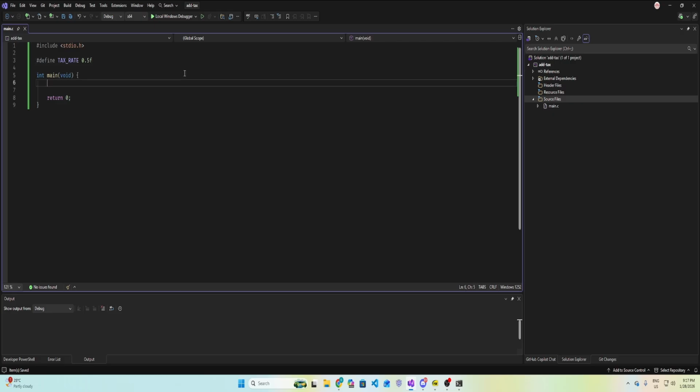Then we put in float. I think we make it two floats because we need tax amount and dollar amount.